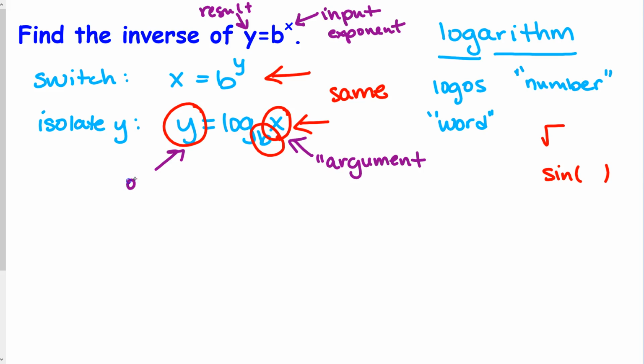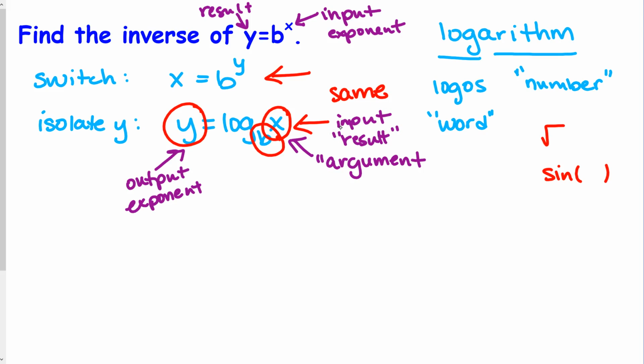In the inverse, the output is the exponent. And the input is what you would get after you raise your base to the exponent.